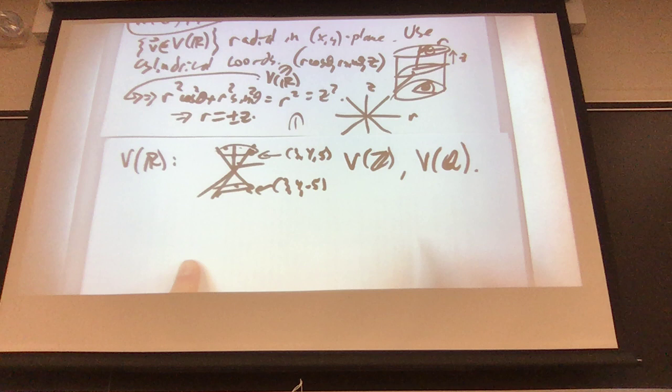I'm claiming it's unique, but actually there's something else that 3, 4, 5 is equivalent to. Charles? -3, -4, -5. Yeah. So -3, -4, -5 is also equivalent to 3, 4, 5. If we want to make this unique, we have to take not just the primitive points, but the ones in the positive cone. So this is the positive cone. This is z greater than 0, part of the cone.